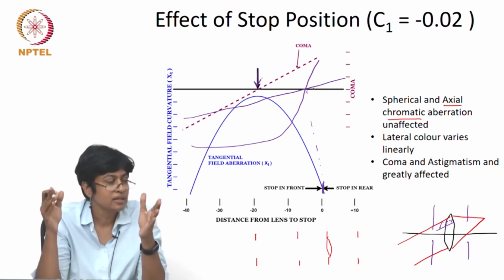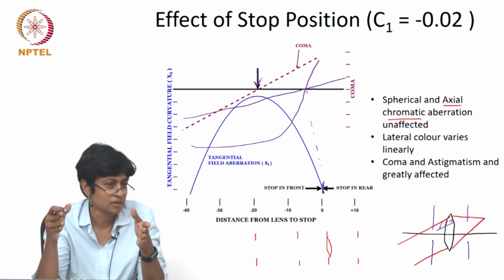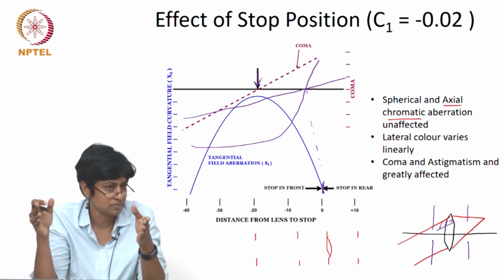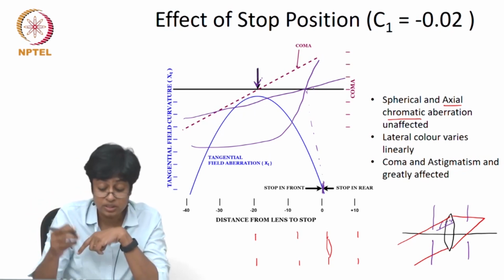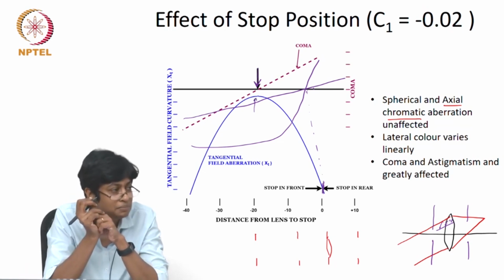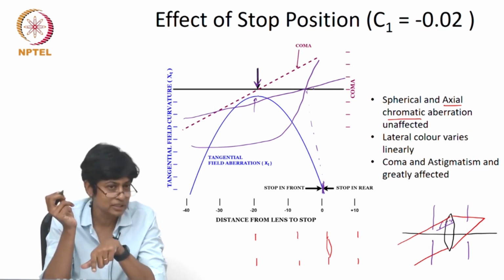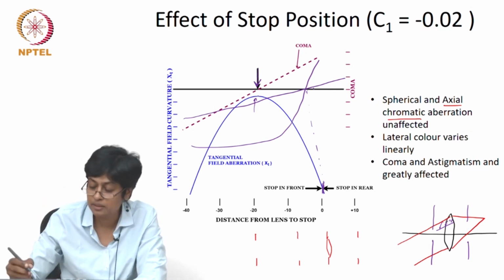So, for a given optical system, there is a natural position where coma goes to 0. At that same position, you find that the tangential field aberration is at its minimum value. It's not 0, but it's at its minimum value. Remember, what was tangential field astigmatism?